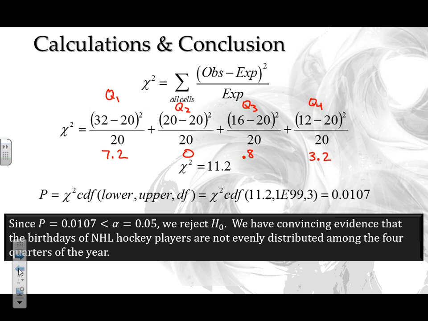If we notice, the middle 2 quarters actually matched up pretty well, right? 0 and 0.8, those aren't going to contribute much to the overall calculation. But quarter 1 and quarter 4 differed pretty greatly. This one had way more than we expected to see, this one had less than we expected to see.